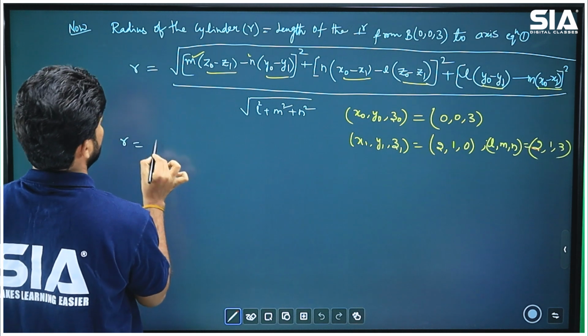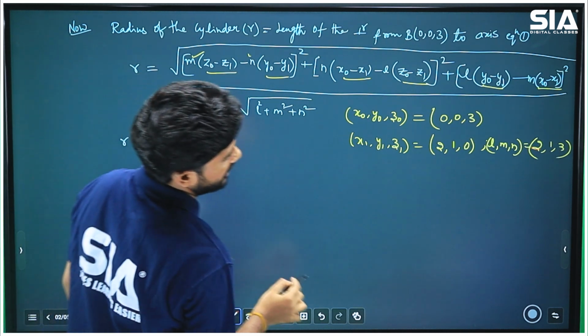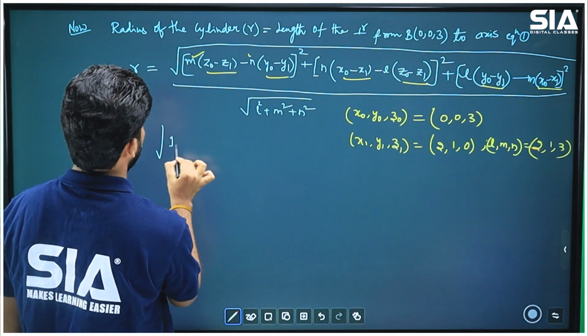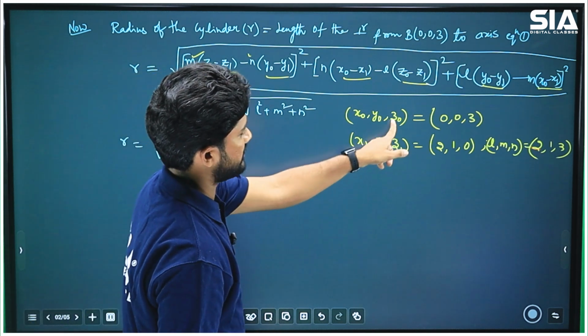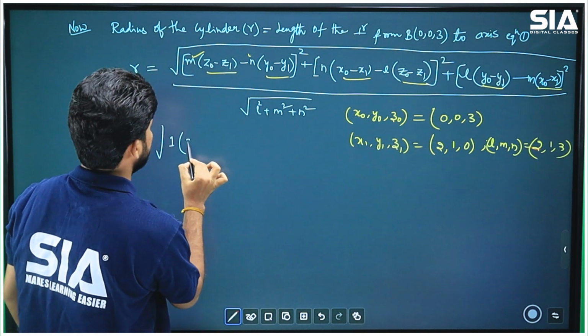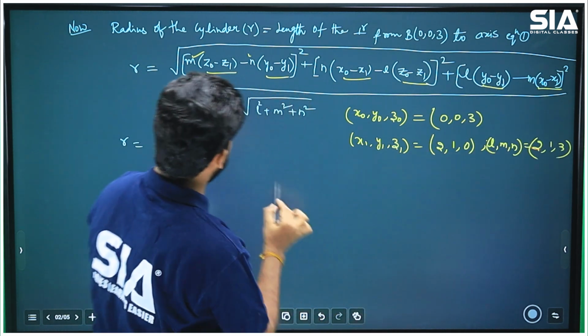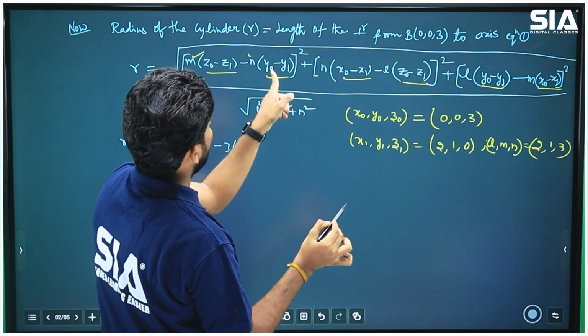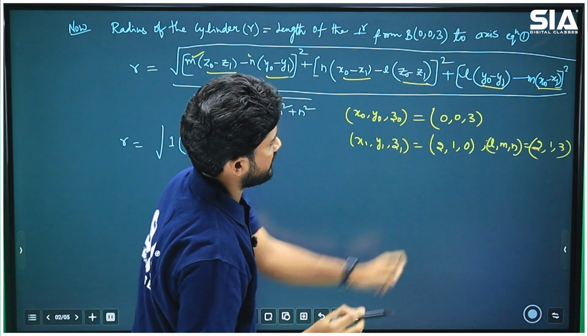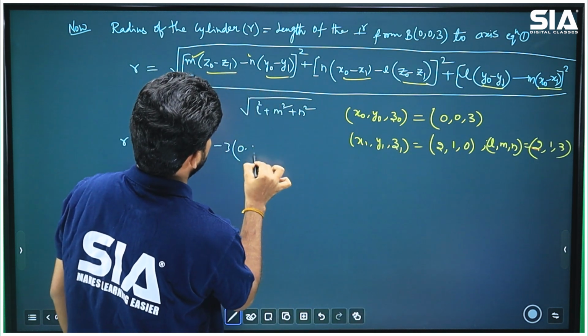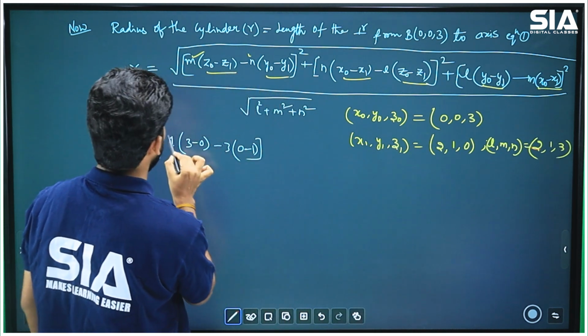Small r is equal to the square root of: what is the m value? m is 1, so 1 into z0 minus z1, which means 3 minus 0, minus n, where n is 3, into y0 minus y1, which means 0 minus 1, whole square.